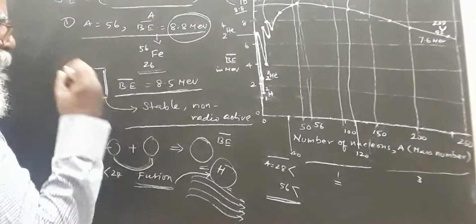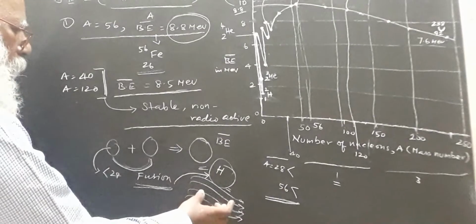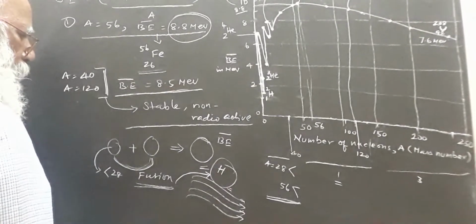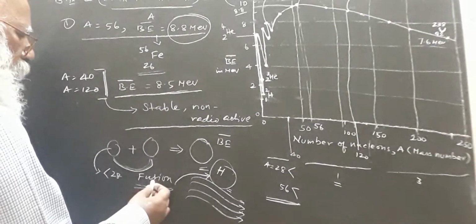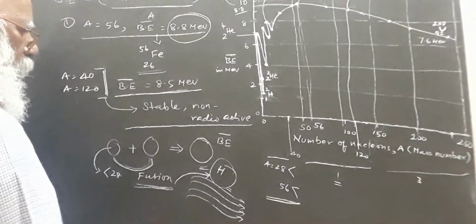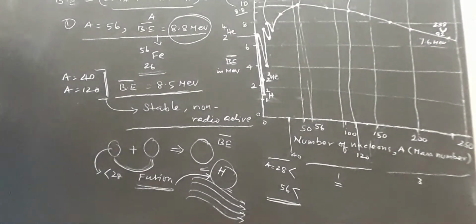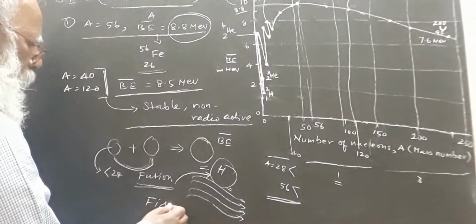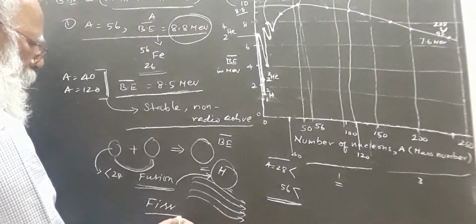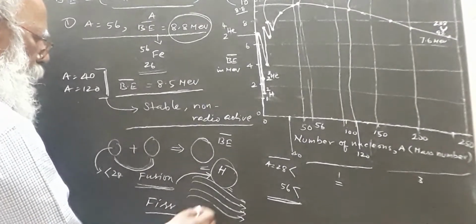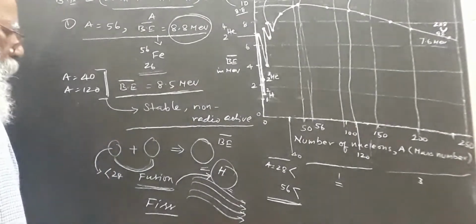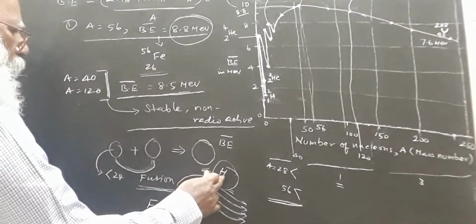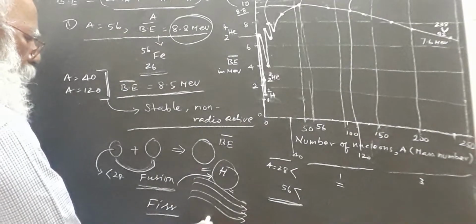So when you blast the bomb, enormous energy is released. That's why fusion is more dangerous than the fission process. Compared to fusion, fission releases less energy. That's why the hydrogen bomb is the most dangerous weapon compared to the atom bomb.